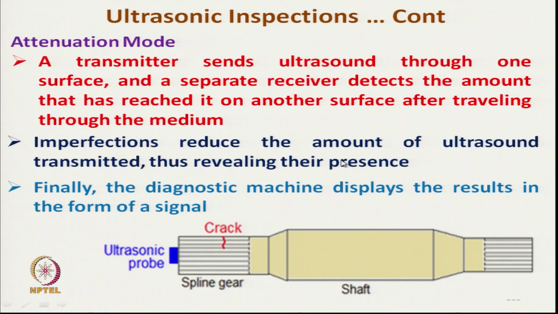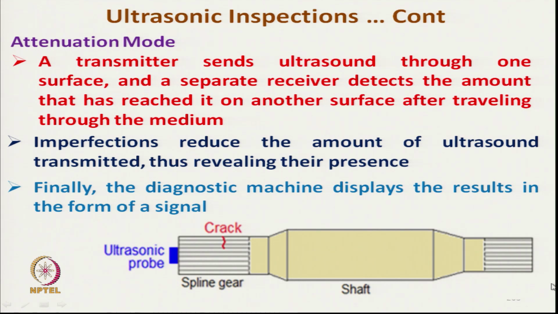In attenuation mode, we have two probes, one is the generator, and the other is the probe which receives. The transmitter sends the ultrasound through one surface, and a separate receiver detects the amount that has reached it on the other surface.